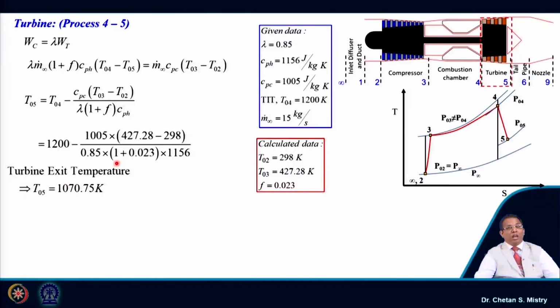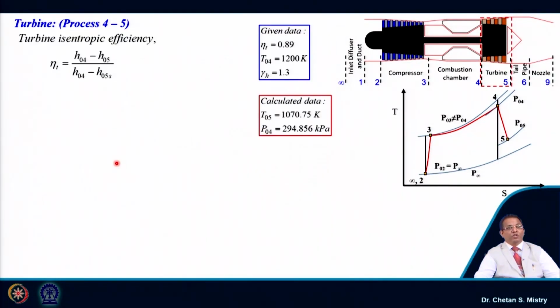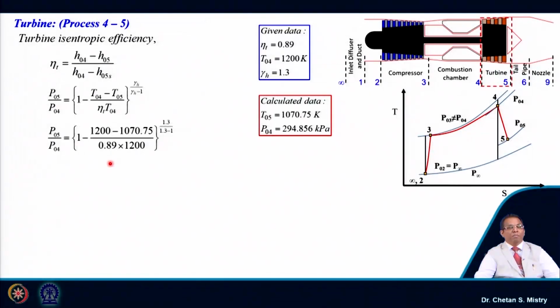Now, in order to calculate my pressure ratio, we need to go with the configuration here. It says our pressure ratio is given in terms of my turbine efficiency. So, let us put these numbers.